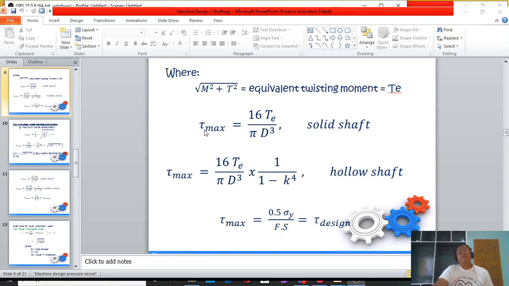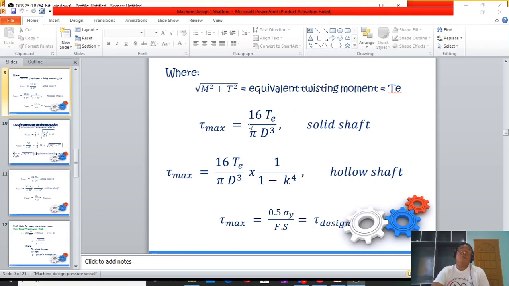Substituting TE for the square root of M squared plus T squared, the maximum shearing stress under combined loading is therefore 16 TE over pi d cubed.